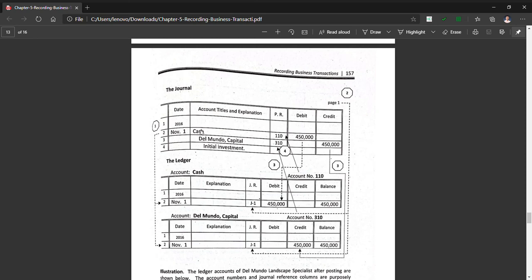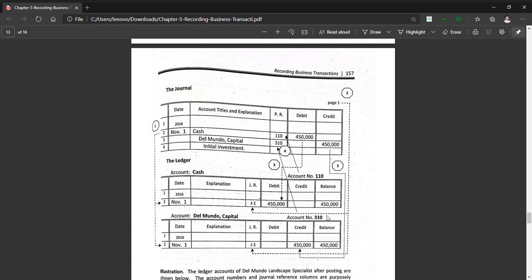So in this case, merong debit yung cash. So under sa cash, i-debit nyo yung 450,000. Tapos, next is Del Mundo, meron siyang credit na 450,000. So under sa Del Mundo part ng ledger, i-transfer nyo yung credit na 450,000. Tapos ilagay nyo na din yung balance niya ng 450,000.